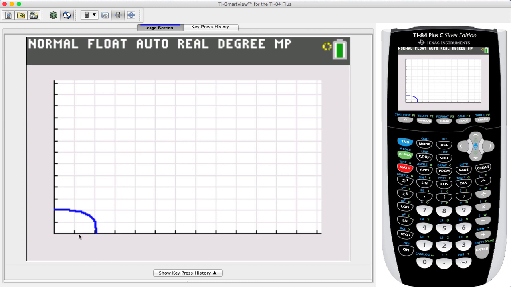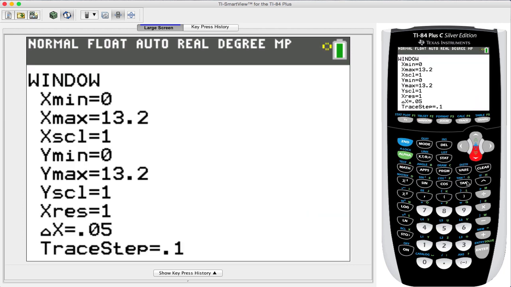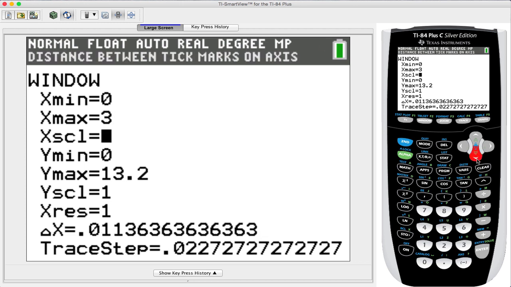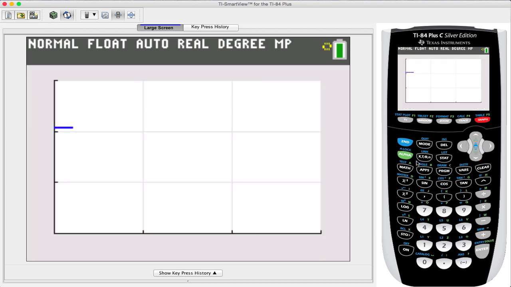I'm going to use an x value of 3 and also a y value of 3 so we can zoom in on this area. So I'm going to press window, go down to x max, put in a 3, and then arrow down to y max and also put a 3 in y max, and again I want to graph.